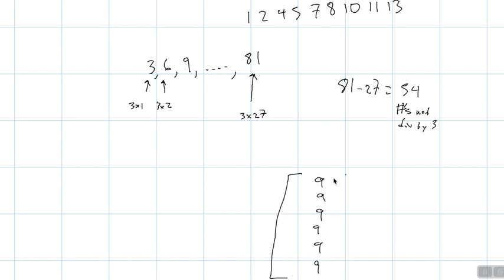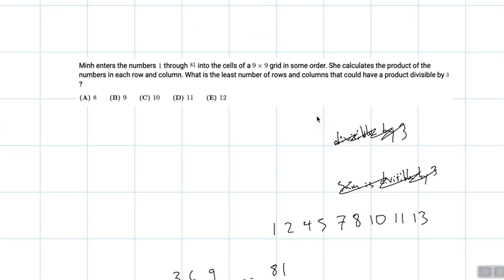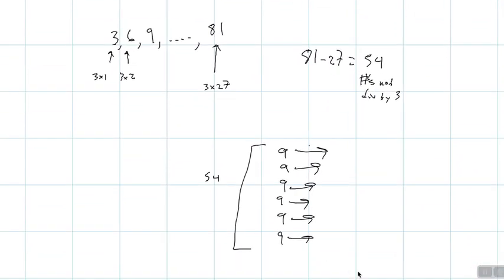And let's say these are all the rows. These are the 54 numbers. All these numbers are not divisible by 3. Therefore, their product is not going to be divisible by 3.